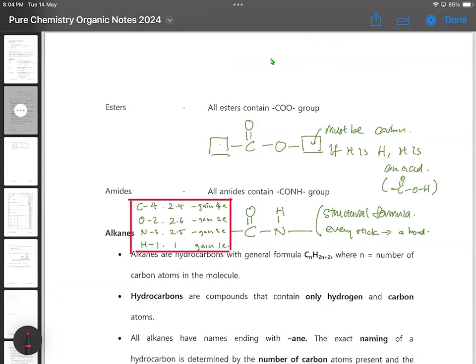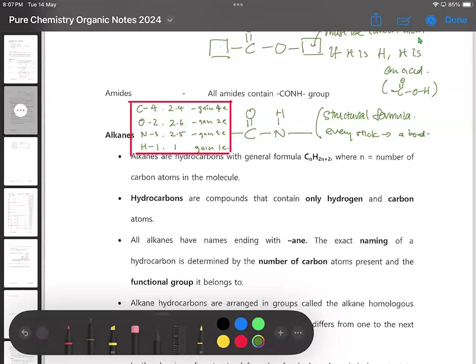Okay, please help me jot everything down. Digest. We'll move over to alkanes in a minute. So you see the first sentence, it says they have a general formula.